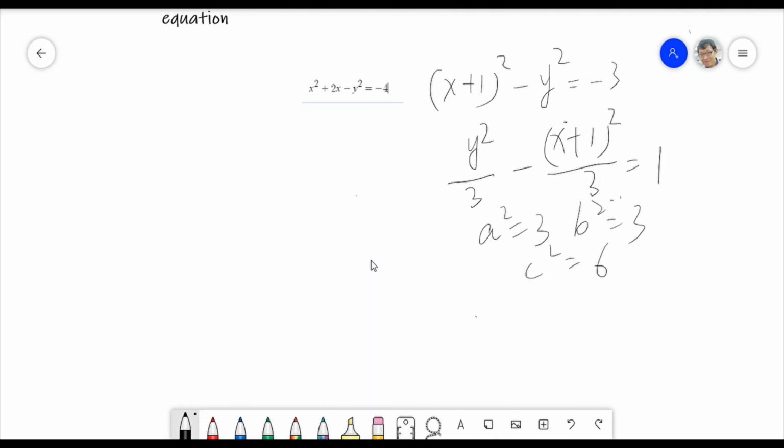In fact, the a and b are the same, so we can still write it this way: y squared divided by a squared, where a squared we change to c, so it's 6, plus x plus 1 squared divided by b squared, where b squared is 3, equals 1. So that's what we look for.